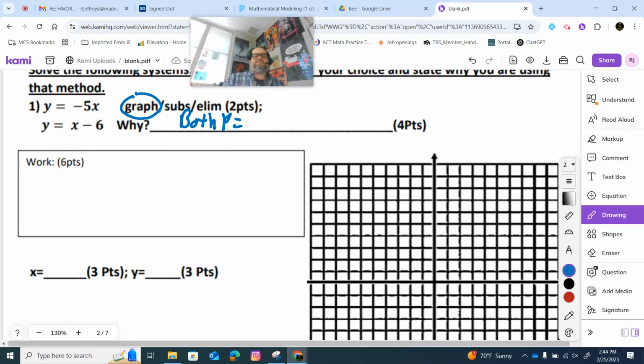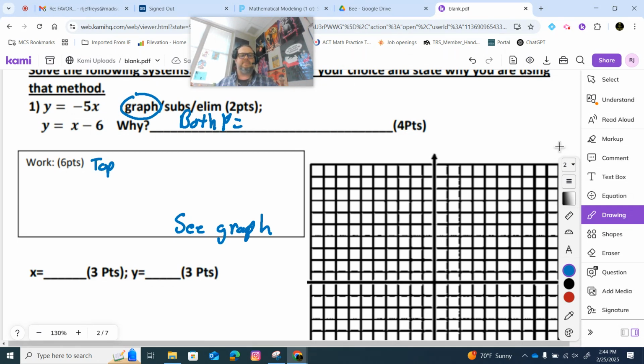For the top one, your b is 0, and your m is negative 5 over 1.